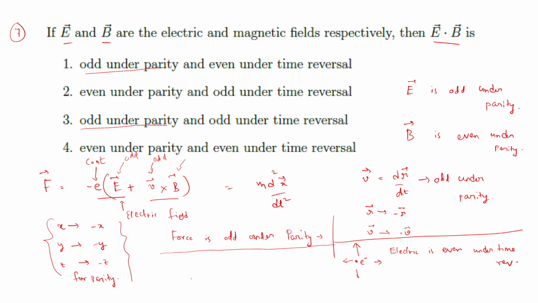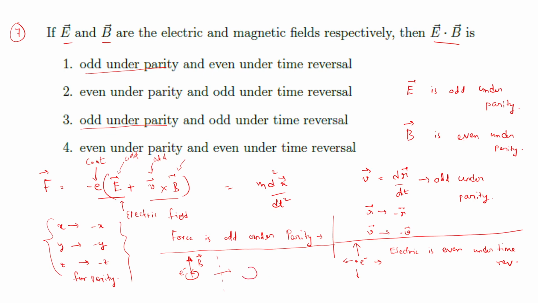Now consider the magnetic field. The magnetic field can be generated if the electron is, let's say, rotating in a circle, and the magnetic field generated due to it will be somewhat like this. Now you take the video of this electron revolving around some axis and play it backward.